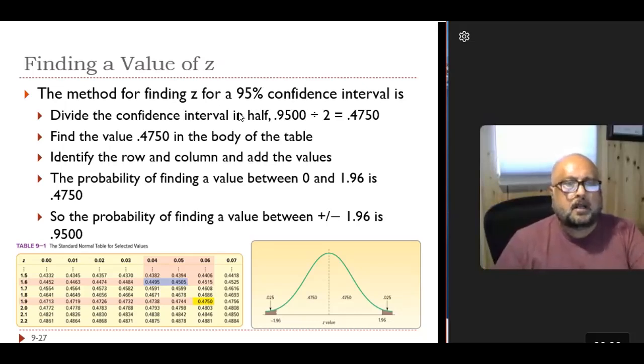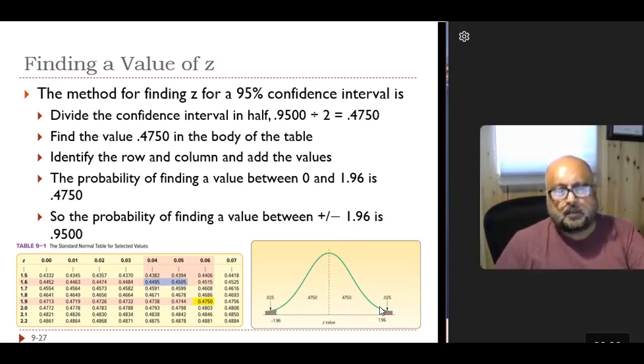So here, we are interested in a 95% confidence interval, and how do we use this? Because it's normally distributed, we divide by 2.